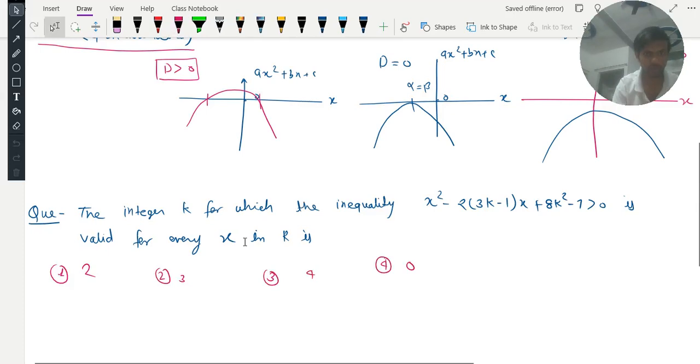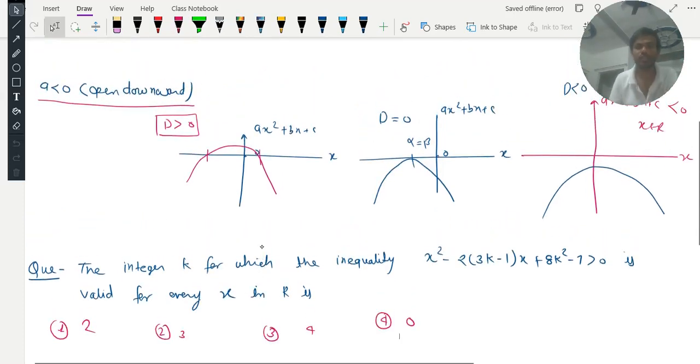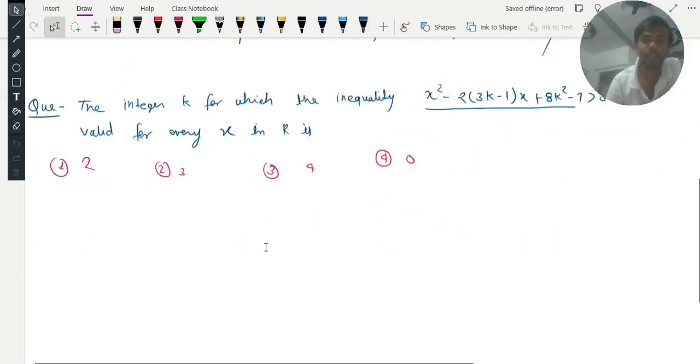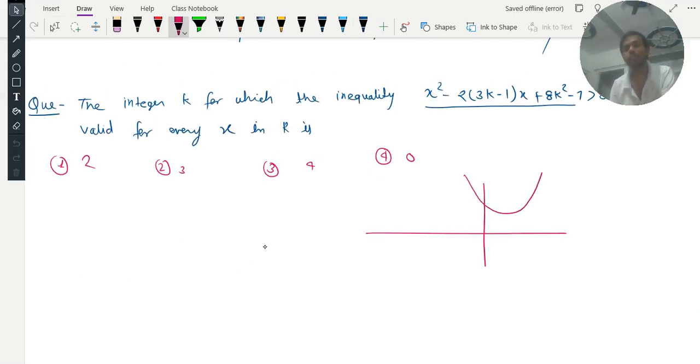Okay, so what does this problem say? This is a quadratic equation in x, and this is always positive for all x belonging to real numbers, and the leading coefficient in this equation is 1, which is greater than 0. So this represents an upward parabola, and this is always greater than or equal to 0 for x belonging to real numbers.